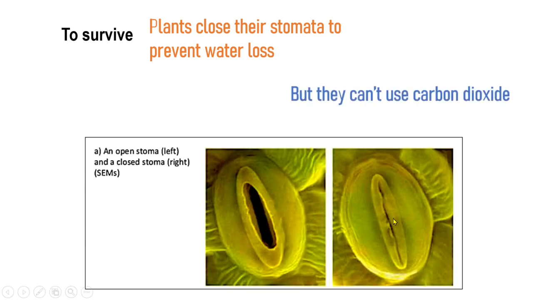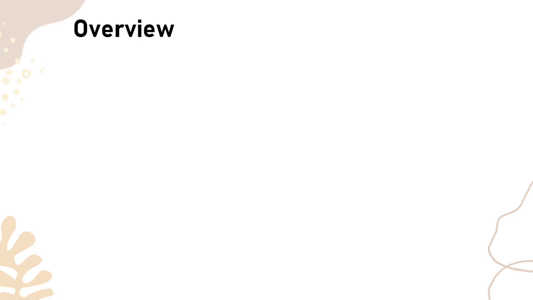But closing the stomata, or stomates, in order to reduce the loss of water also has problems, because since the stomata is closed, carbon dioxide cannot be used, which implies photosynthesis will eventually stop. So that would be one of the problems.